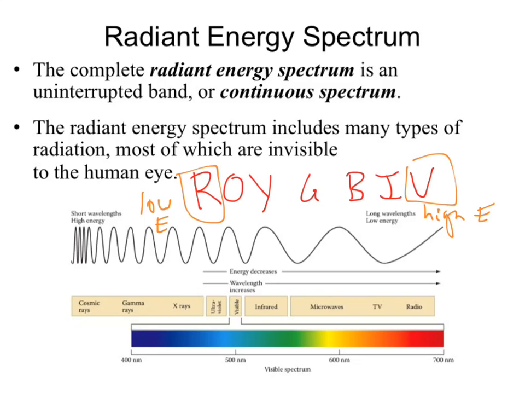Now you'd have to go to your chart and have that memorized. Violet happens to be 400 nanometers. Red happens to be 700. So which one has the longer wavelength? Red. That's the bigger number.